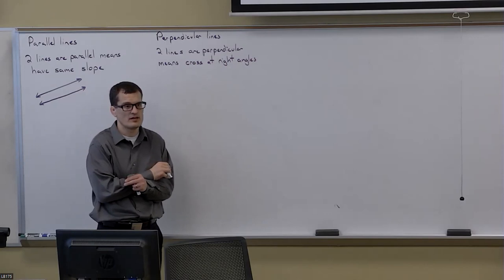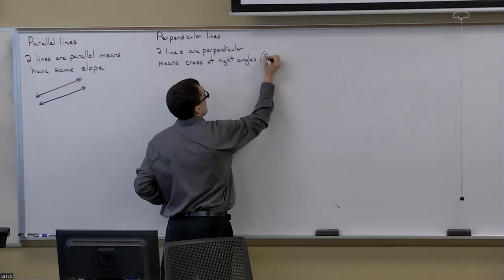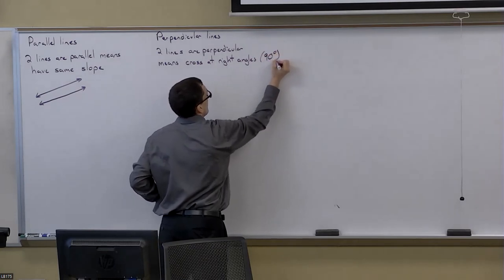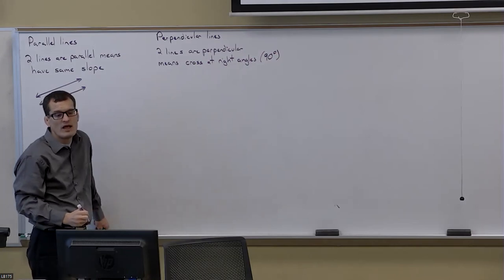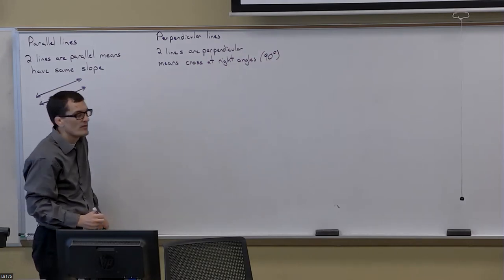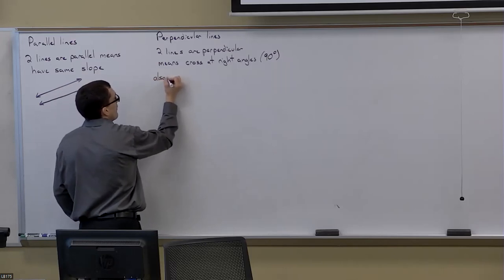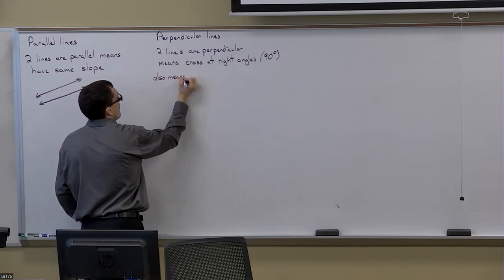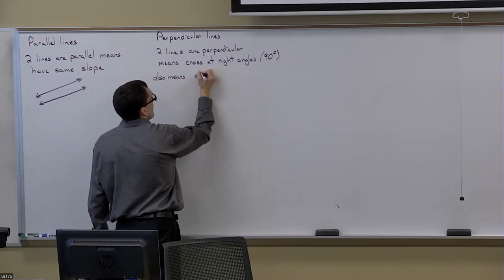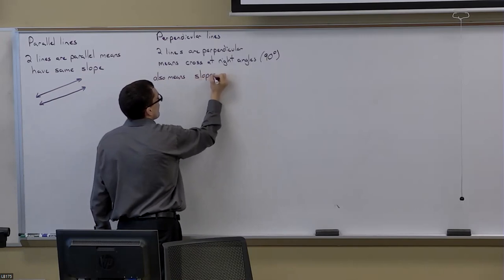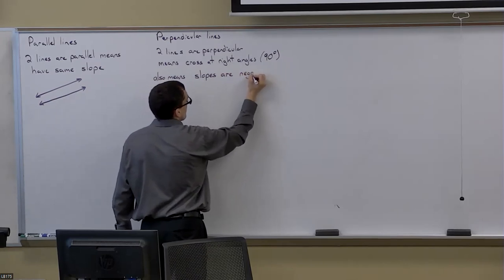Okay, think corners of a square. And that also means, since they cross at right angles, slopes are negative reciprocals of each other.